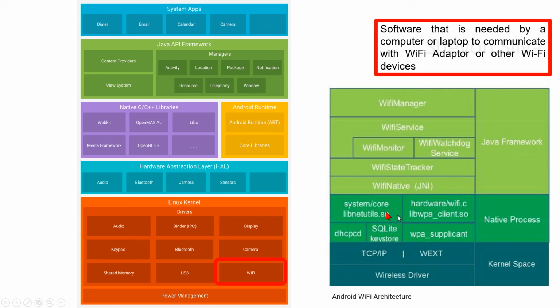On top of that, these .so files are there, and this is the Java framework, and you can see Wi-Fi native JNI is here, and Wi-Fi state tracker, and here Wi-Fi monitor and Wi-Fi watchdog service, and here Wi-Fi service, and on top Wi-Fi manager is here. This is the Android full Wi-Fi architecture.